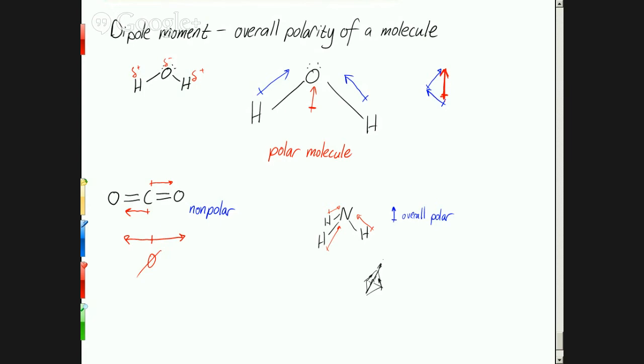Okay, the last part of this then is, why is this important? Why do we care whether or not a molecule is polar? Well, we care because it influences the behavior, the physical properties of these substances enormously.